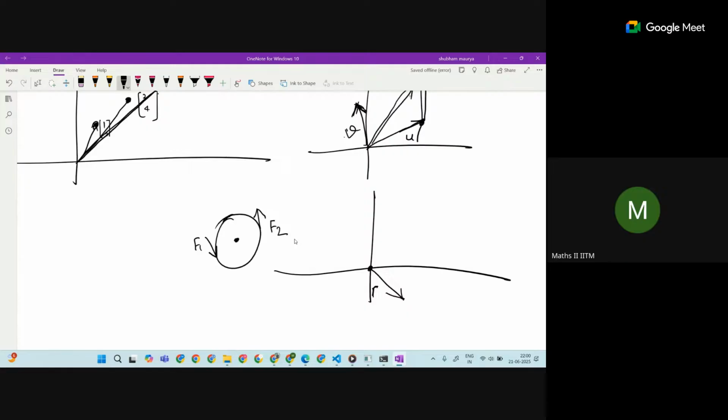This is your F1 in this direction and the force F2 in this direction, but it's actually happening on the center of gravity. This is how it will start rotating. Maybe some shift and rotate, but this is how it happens. The final force is going to be F1 plus F2, just adding them.